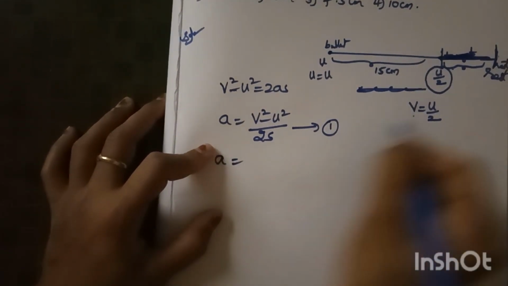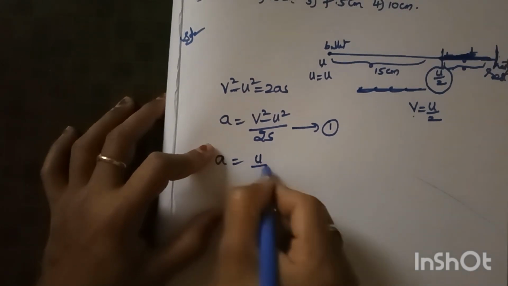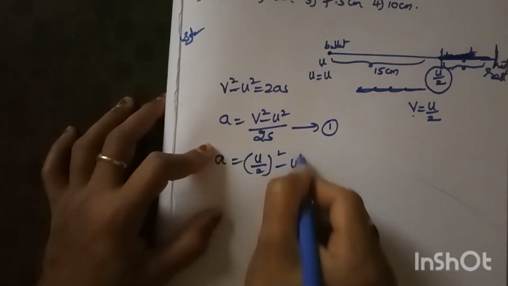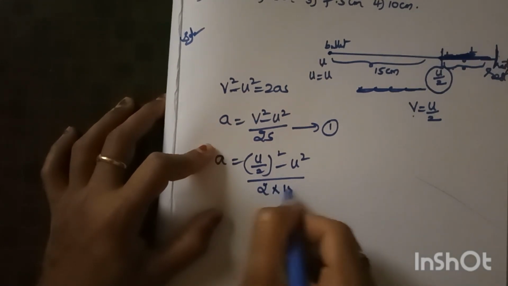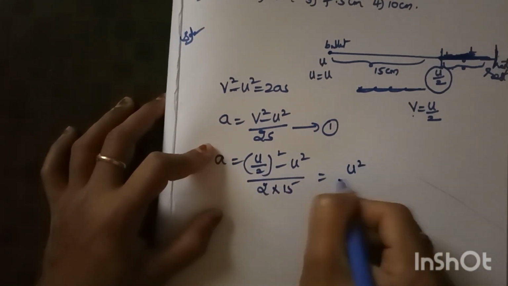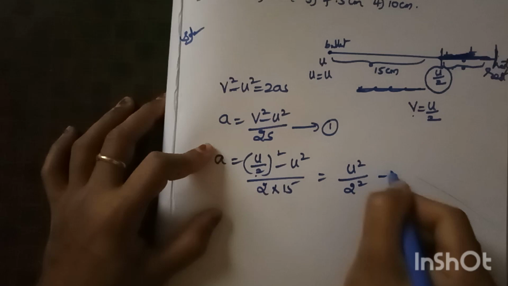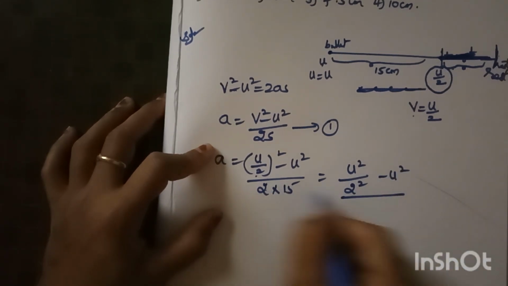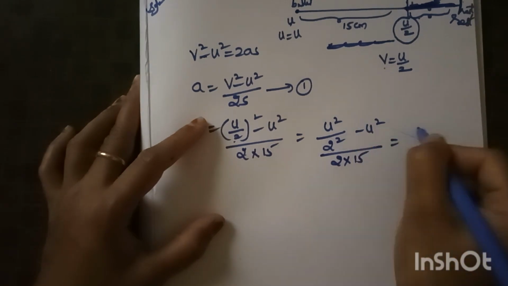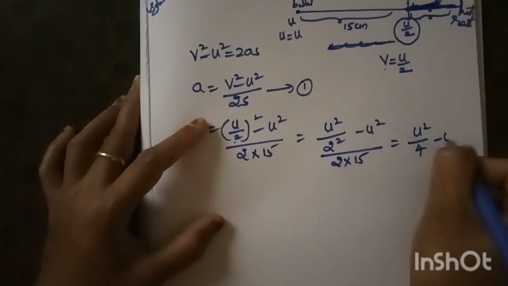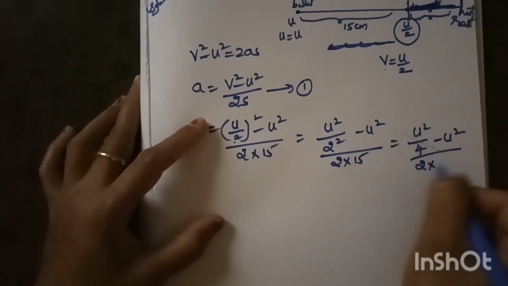A equals, what is v here, u by 2 whole square minus u square by 2 into how much distance it has traveled, 15. u by 2 whole square means u square by 4. So u square by 4 minus u square by 2 into 15.